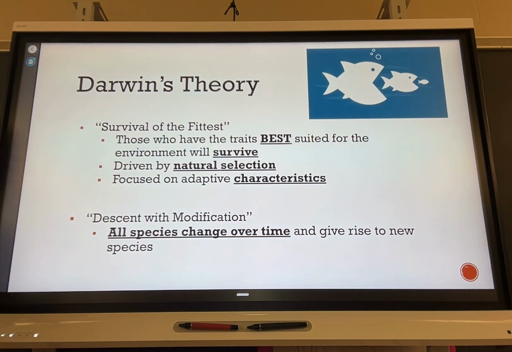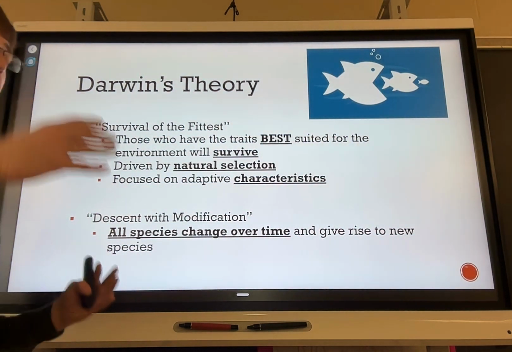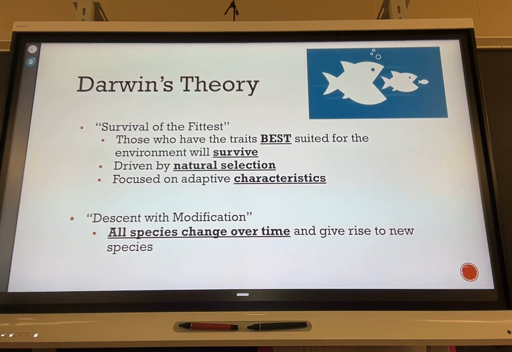His other idea was descent with modification, that all species change over time and give rise to new species. So, for example, on the Galapagos Islands, you'll have a reading here in a little bit. On the Galapagos Islands, we have like 13 or 14 different species of finch. These are referred to as Darwin's finches or Galapagos finches.